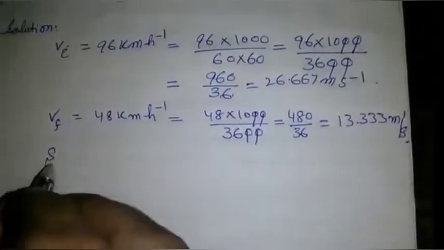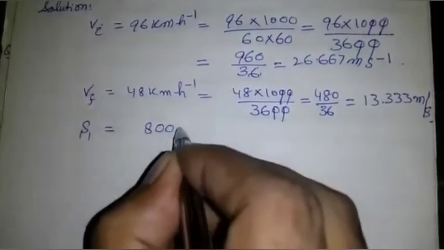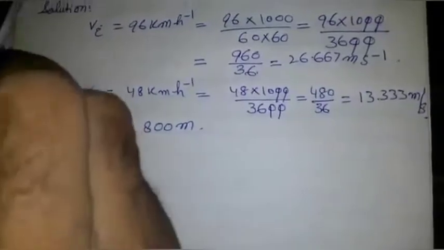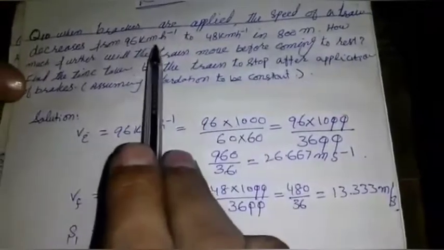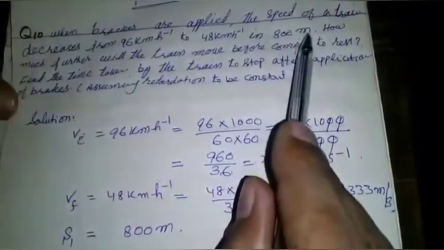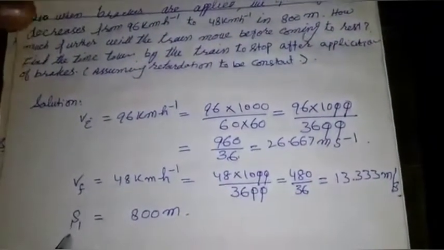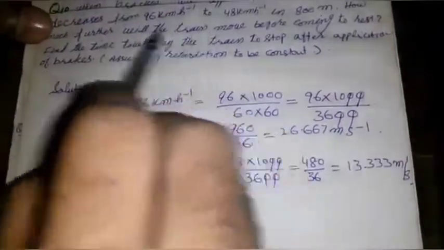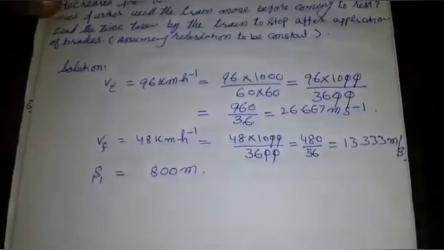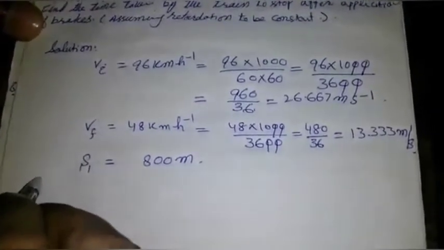S1 is equal to 800 meter. In this process, the train covers the distance of 800 meter, and we denote it with S1, and we have to find the time taken. How much will be covered? Now we need to calculate its acceleration, and we need to use the third equation of motion.